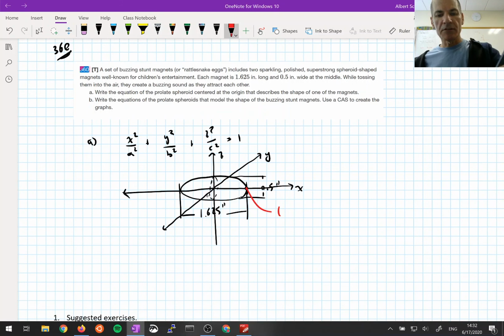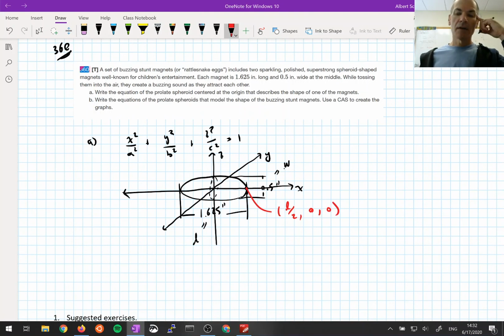Just for the sake of presentation, I'm going to call this value L for the length, and I'm going to call this value width for the width and the height. We know that they're equal. So using these variables, so I don't have to keep writing decimals all the time, we see that the x-coordinate of this point is going to be L over 2, and then the y-coordinate is 0, and the z-coordinate is 0.